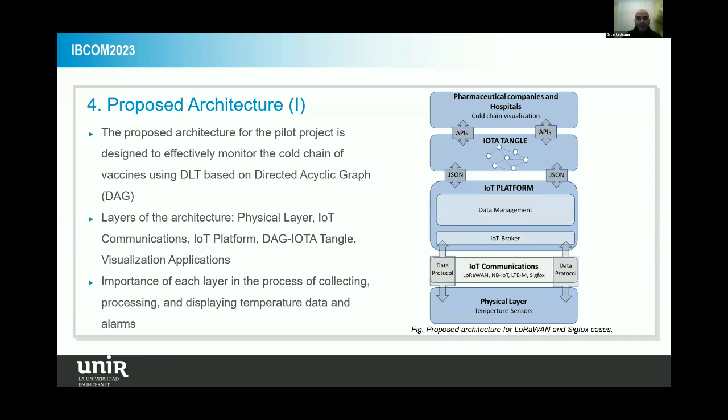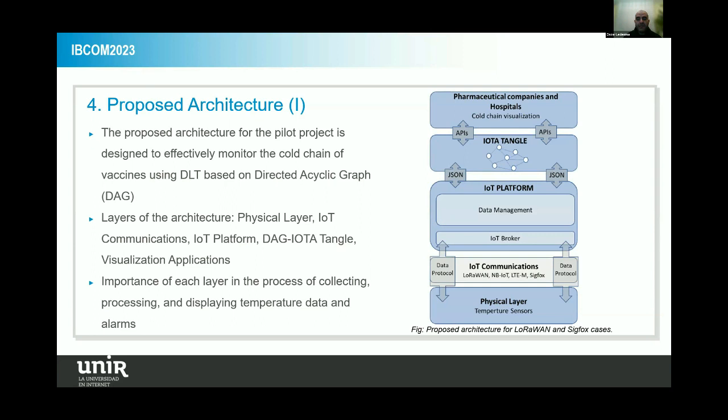And finally, we have the business application or visualization applications. This layer consists of the software tools that enable the visualization of temperature data and allow registering it in the DAG or IOTA Tangle.